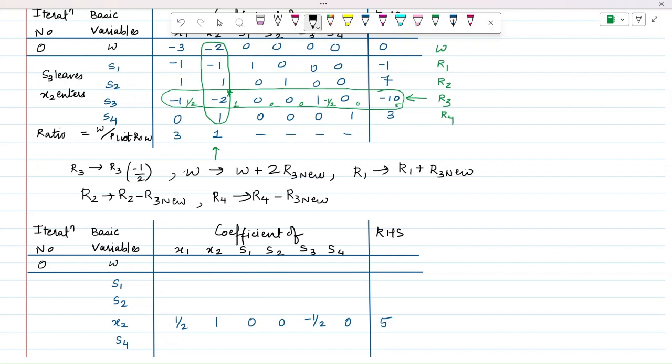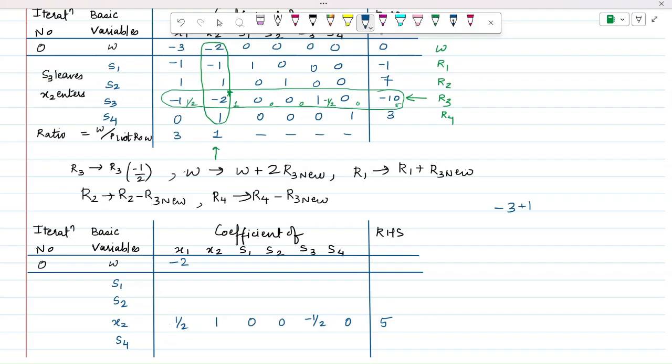Let's begin with the W row. The W row is starting off with -3, and 2 times half. So that gives me +1, so that gives me a -2 here.